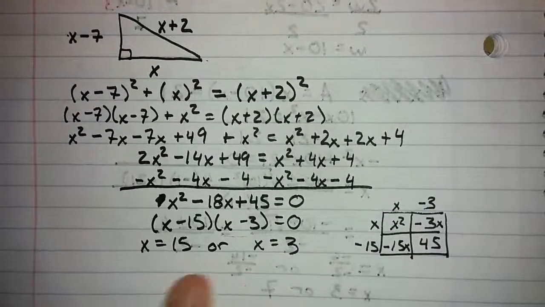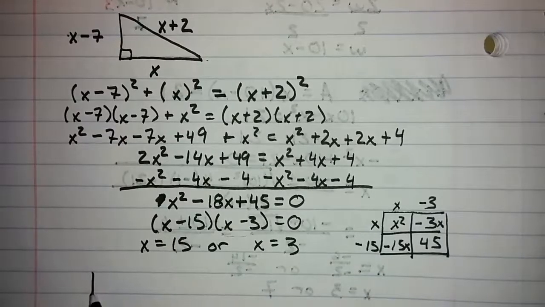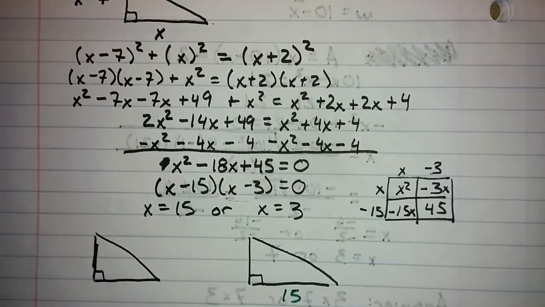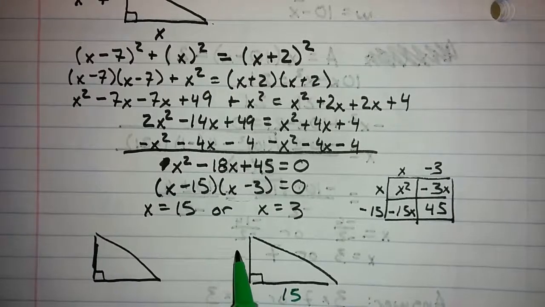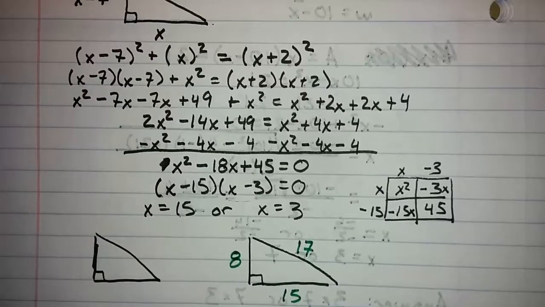Let's make sure that those both make sense as answers in this question. There's no reason there shouldn't be two answers. So 15 minus 7 is 8. 15 plus 2 is 17.